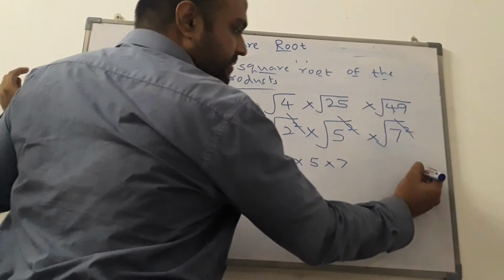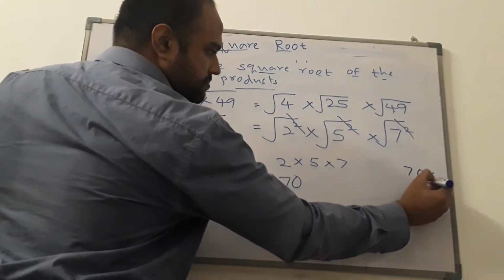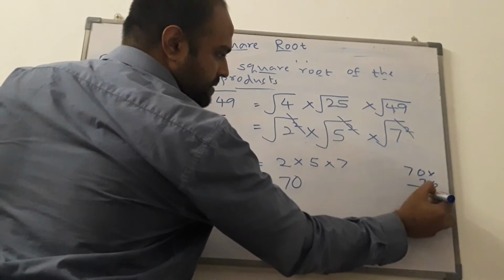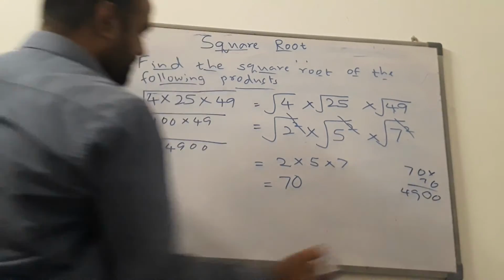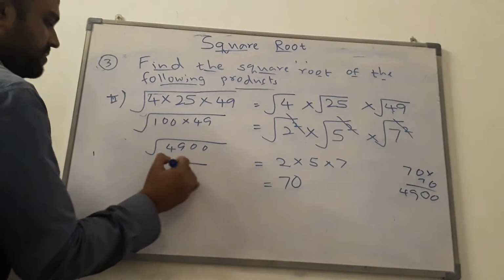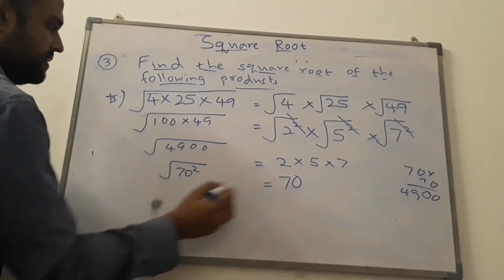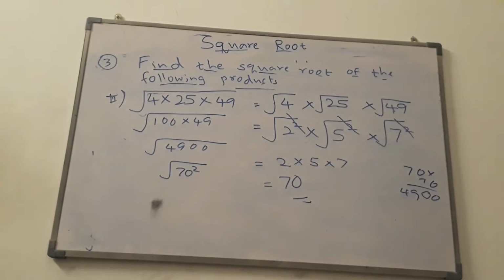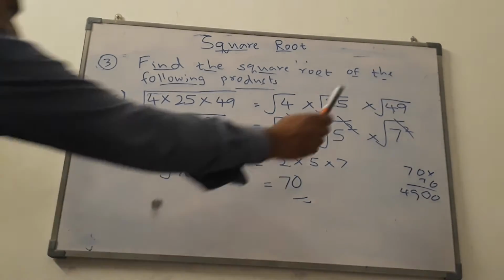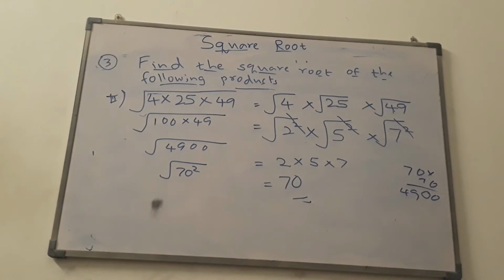If we multiply 70 by 70, 7 times 0 is 0, we get 4900. So 70 squared. Use this method. This is the easier method.